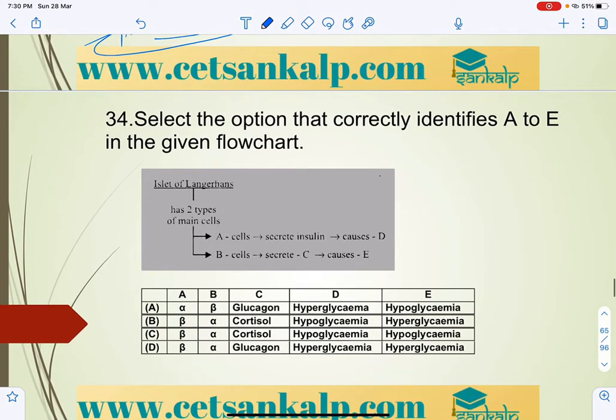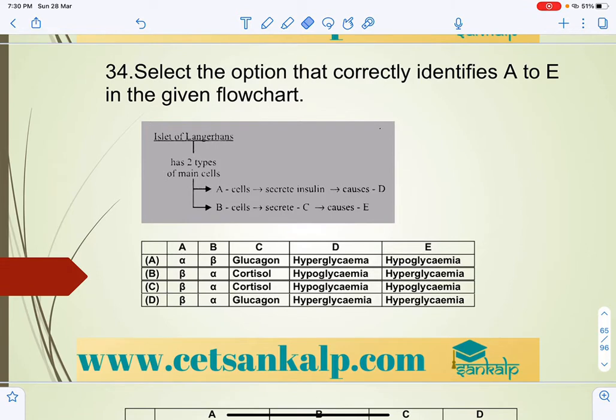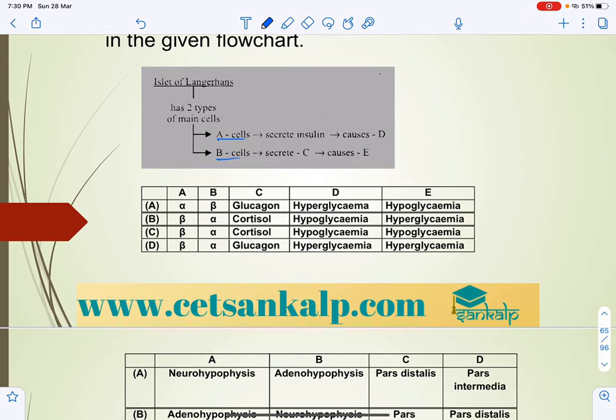And next, let us take the next question. The islets of Langerhans are the endocrine part of the pancreas, which has two main types of cells, alpha cells and beta cells.